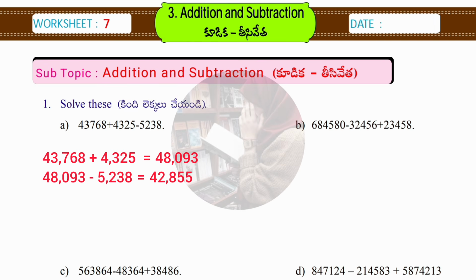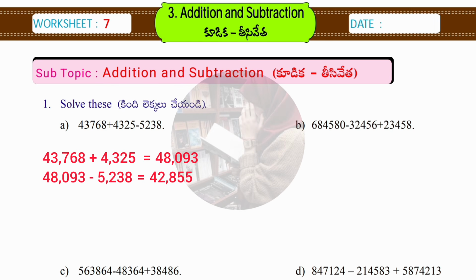Okay, let's see, write it down. Firstly, we'll pick the first two numbers, which are 43,768 plus 4,325. First we do the addition of these two numbers. We'll get the answer as 48,093. So this is the answer. Now what we have to do? We have to subtract 5,238 from this total, that means 48,093.